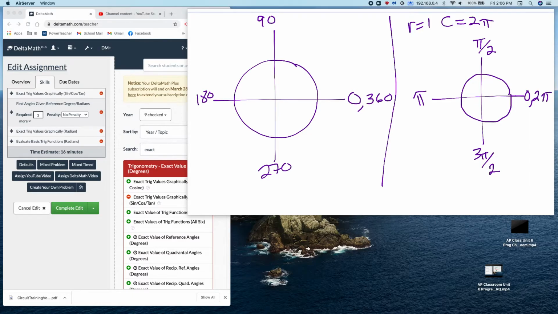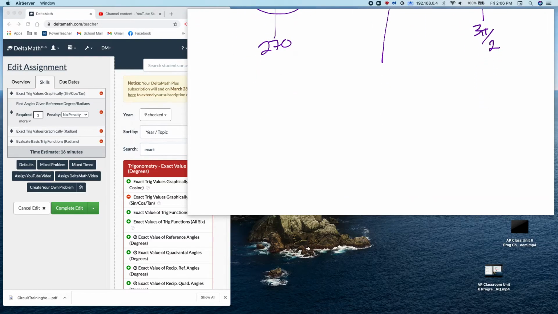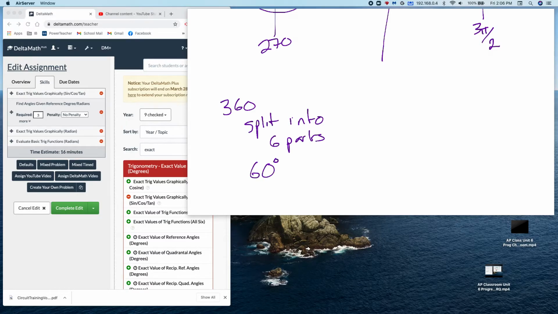Now you can start to think about how you could split this up. Notice that if you take 360 degrees and you split it into 6 parts, each one would be 60 degrees.